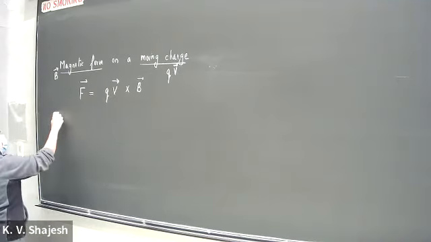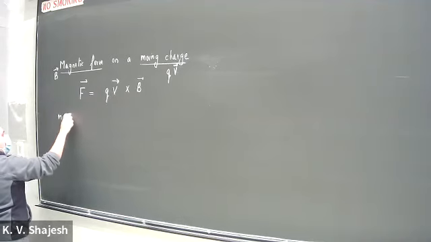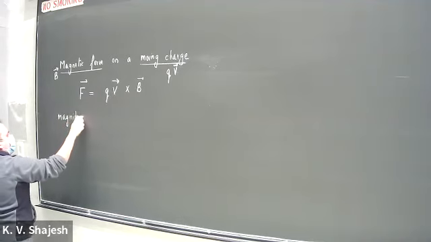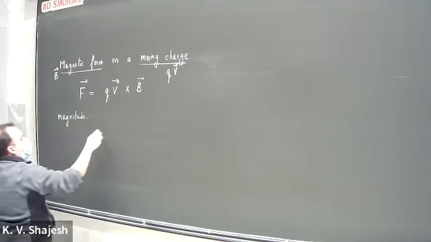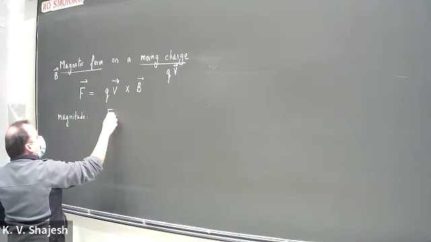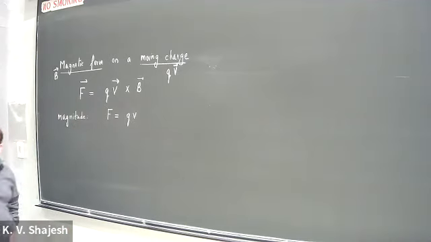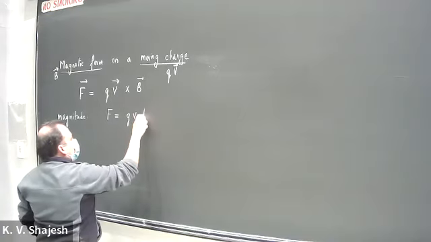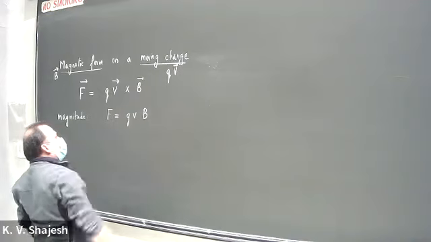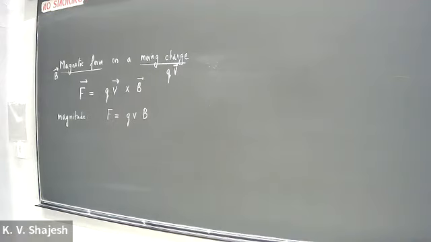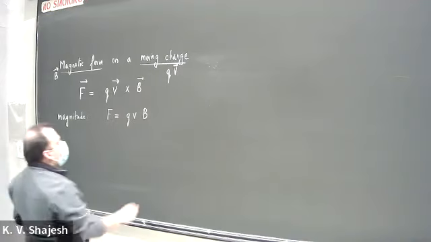We interpreted it in terms of magnitude and direction. The magnitude of this force would be Q times V times B times sine theta, where the magnitude of the charge and the magnitude of the velocity come in. It doesn't matter whether it's positive or negative. Whenever I do not write a vector sign on top, it means the magnitude of that quantity.